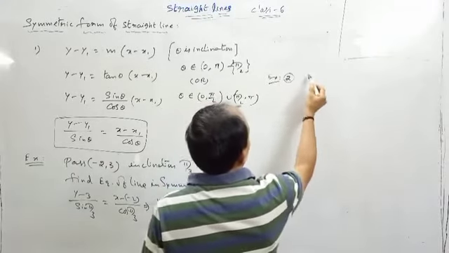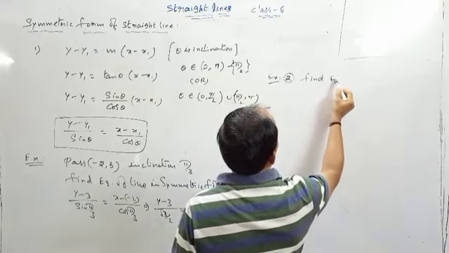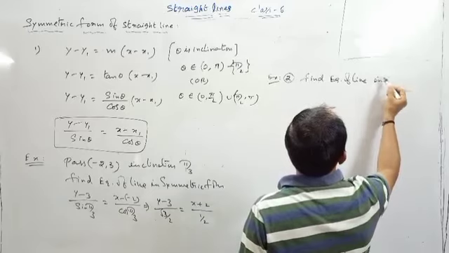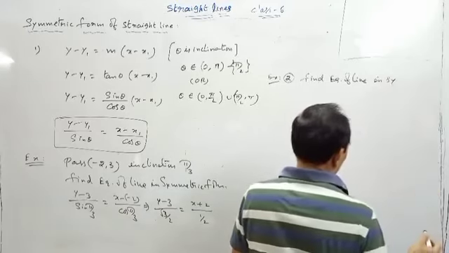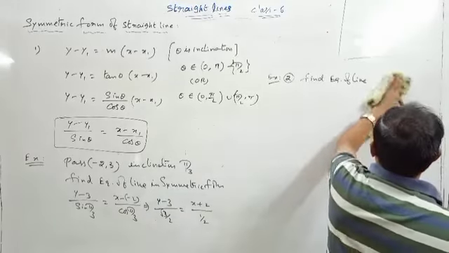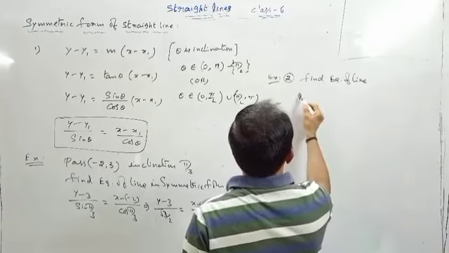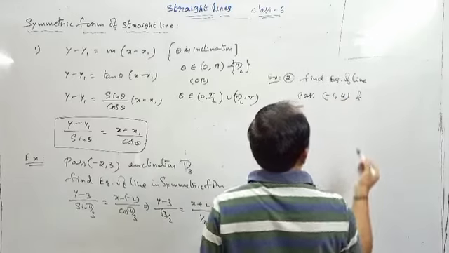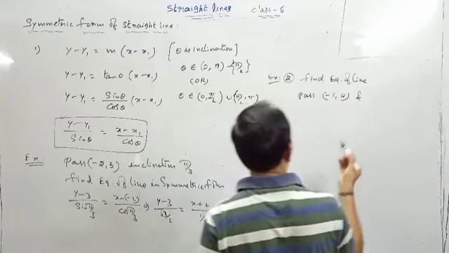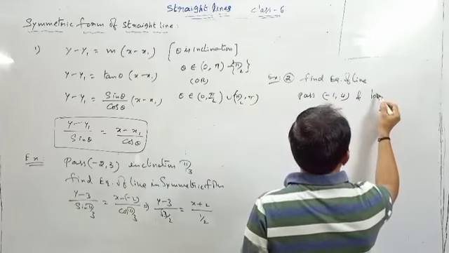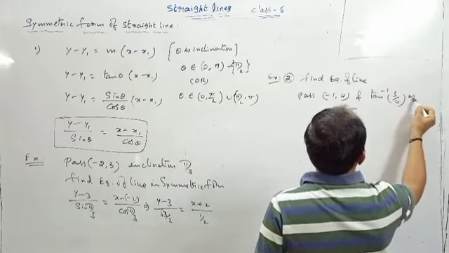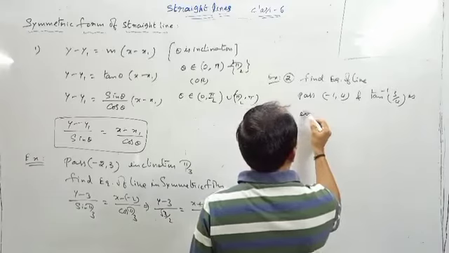Example 2. Find the equation of the line in symmetric form passing through minus 1 comma 4, whose inclination is tan inverse 3 by 4.